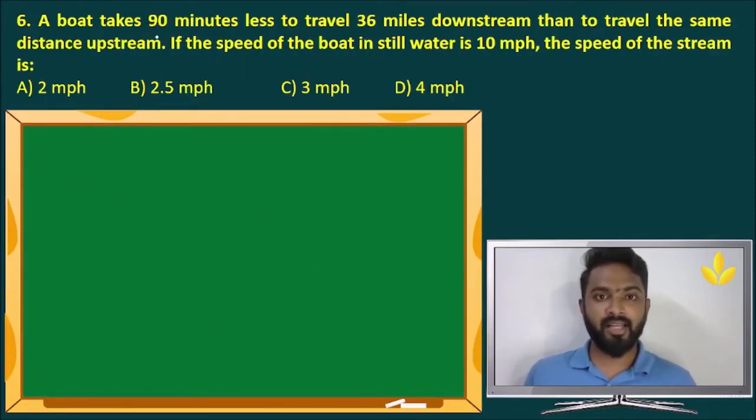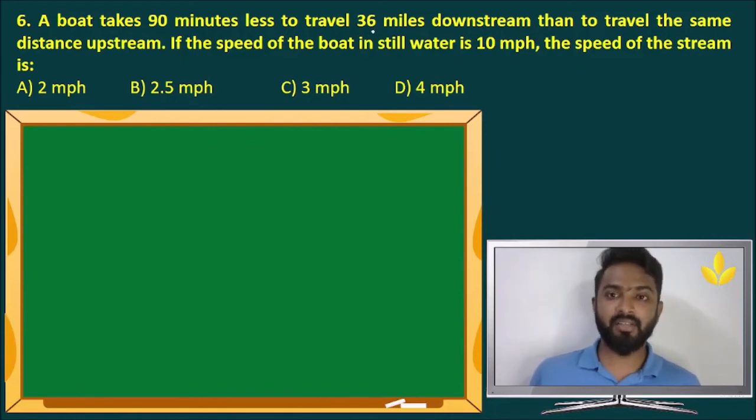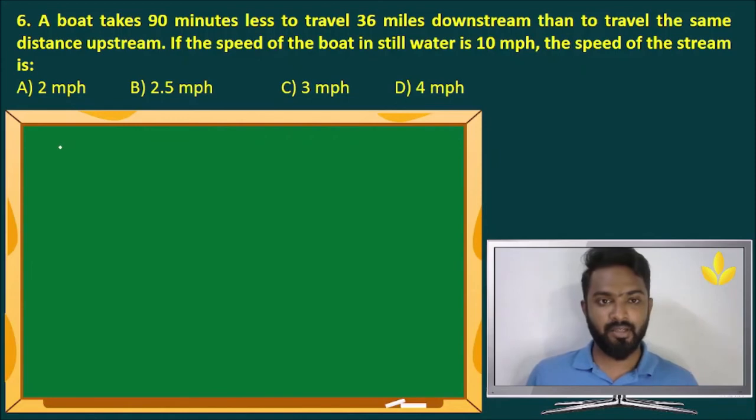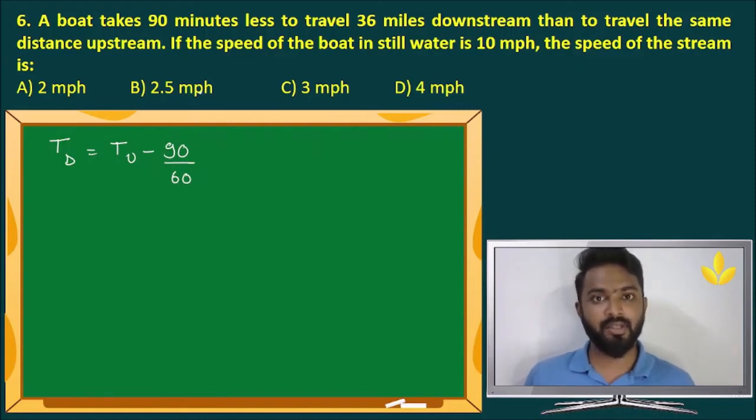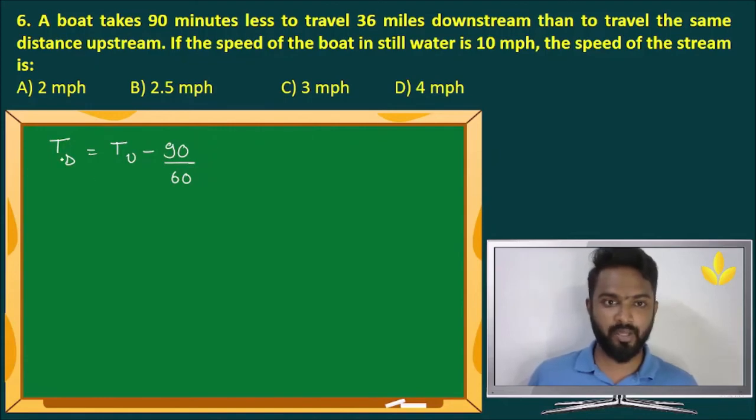A boat takes 90 minutes less to travel 36 miles downstream than to travel the same distance upstream. Okay, so time taken for downstream equals time taken for upstream minus 90 minutes. 90 minutes is nothing but 90 by 60 hours, since everything is in hours. If the speed of the boat in still water is 10 miles per hour, the speed of the stream is what? Okay. Time is nothing but distance by speed.